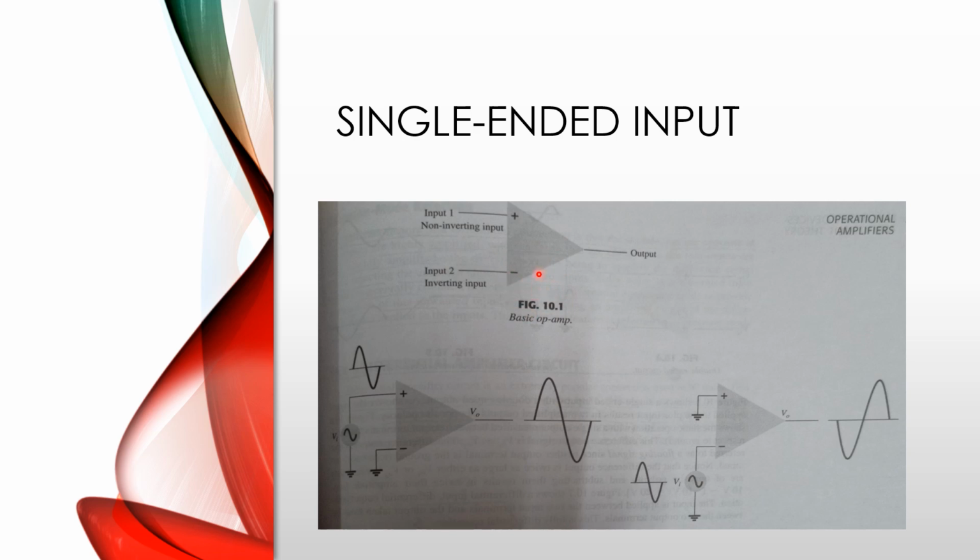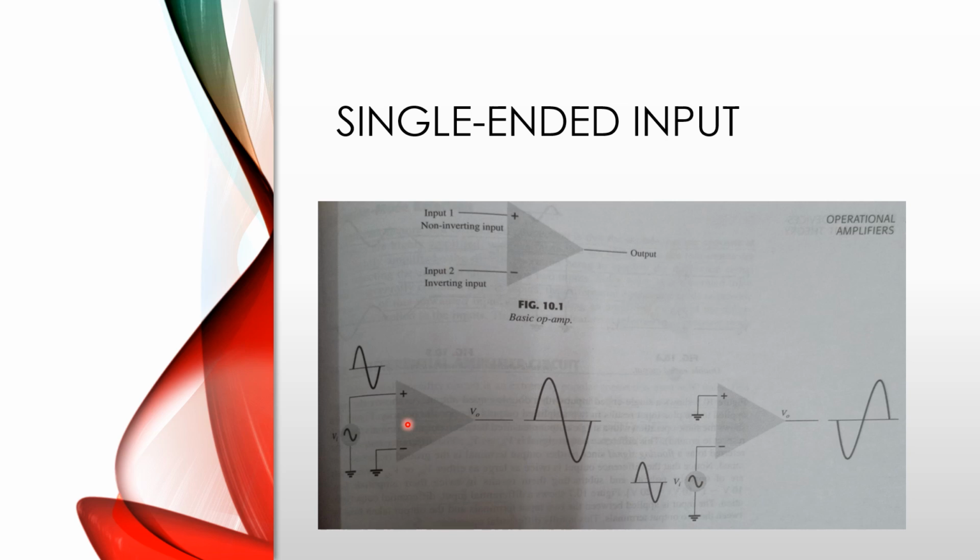This is the basic op-amp circuit, where this is input 1, which is called the non-inverting input terminal and is represented by a positive sign, and this is input 2, which is called the inverting input and is represented by a negative sign, and this is the output of the op-amp. So this is the basic circuit symbol of an op-amp, and these are the two circuits showing how we apply single-ended input voltage.